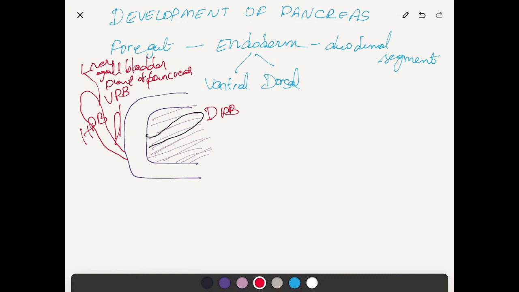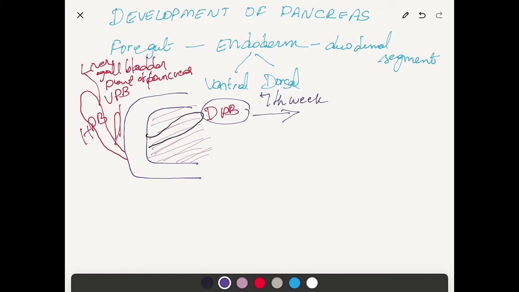Now, the ventral and dorsal pancreatic buds fuse in the 7th week of the intra-embryonic life. The entire pancreas except the lower part of the head develops from the dorsal bud.